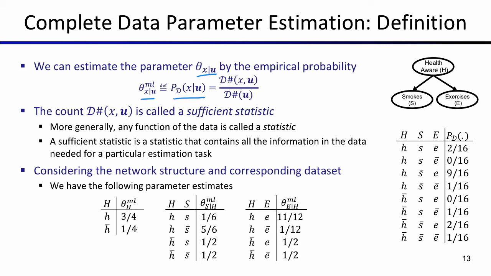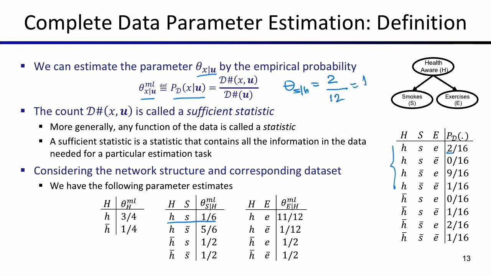So in the case of the example that we had in the previous slide, where we were interested in computing the theta of s given age, right, that was this parameter here, that was 1/6, we can count it directly. We had two cases that were matching the s and age, and we had a total of 12 cases matching the age, that is the parent, right? So we have 9, 10, 11, 12.